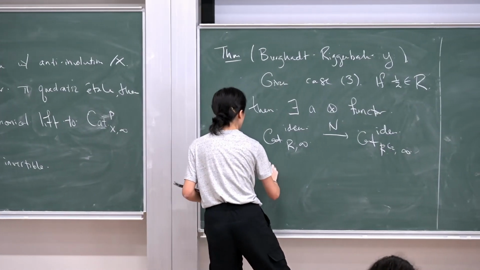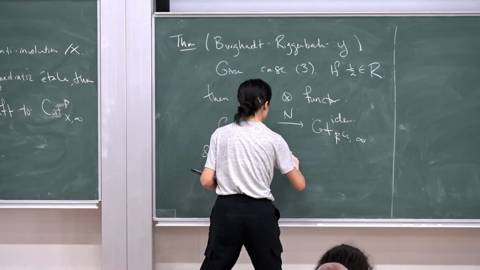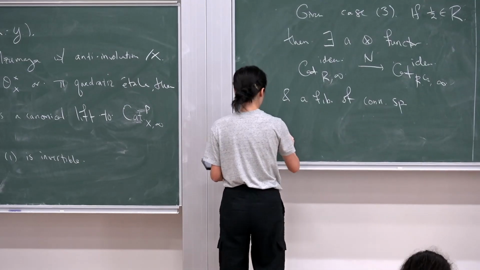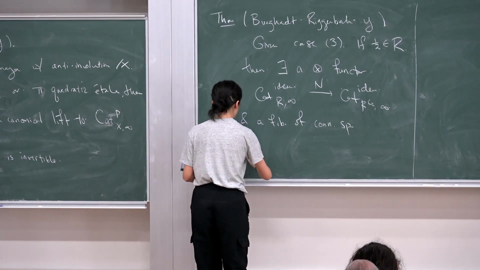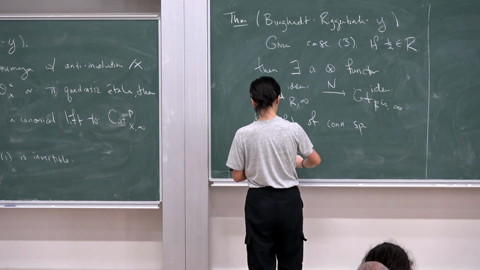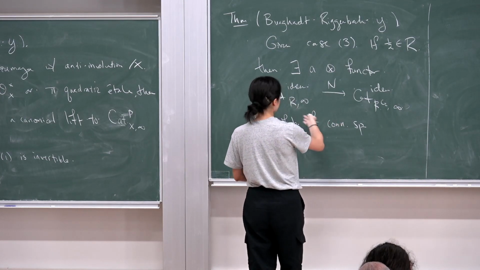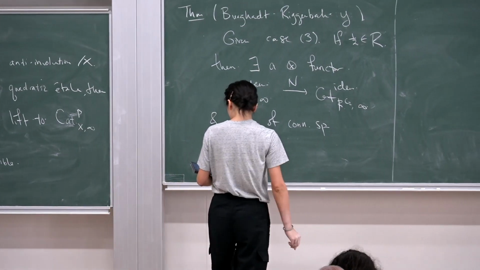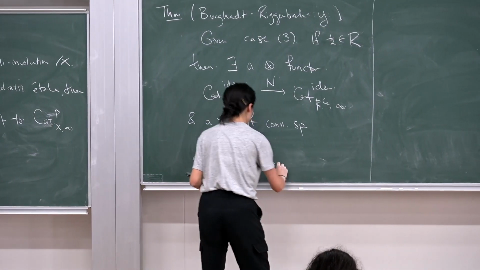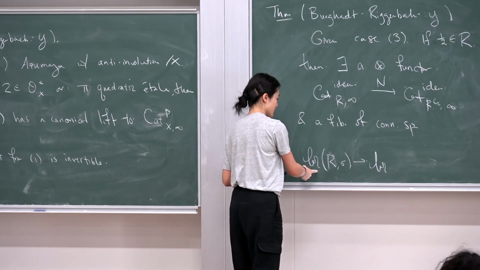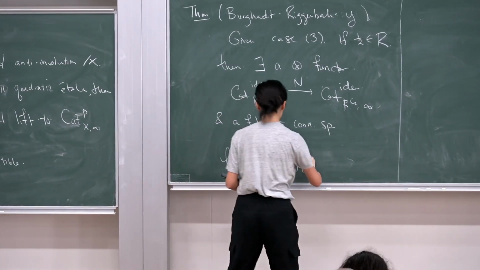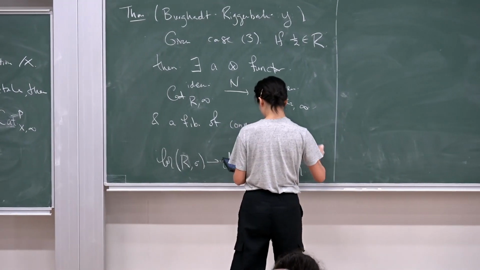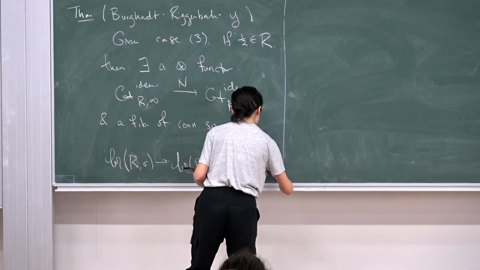And a fiber sequence of connected spectra, where we have, on the one hand, the derived involutive Brauer spectrum of R mapping to the derived Brauer spectrum of R, mapping to the derived Brauer spectrum of the fixed points.